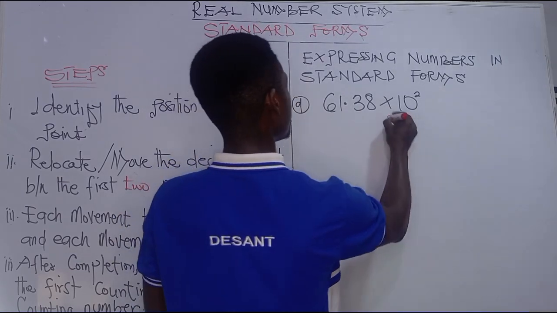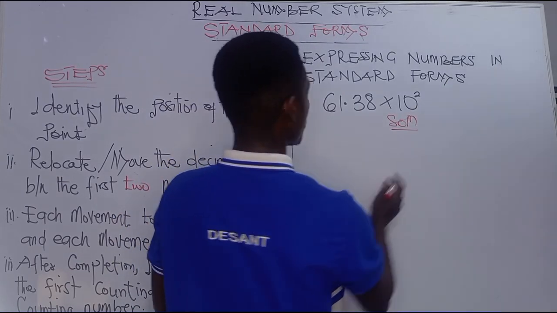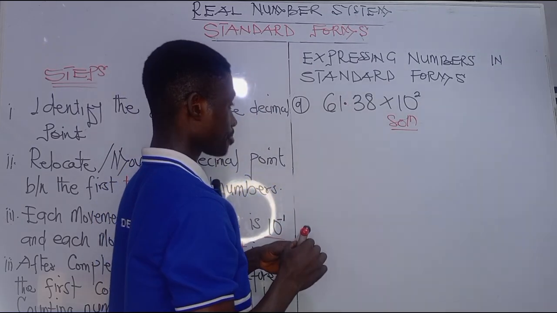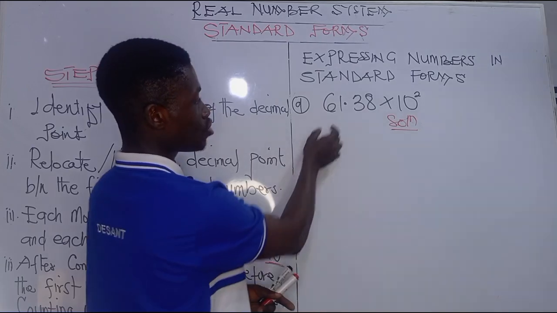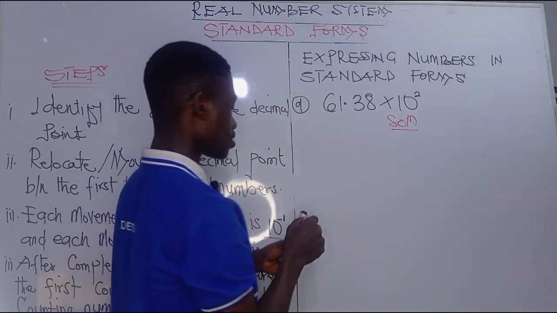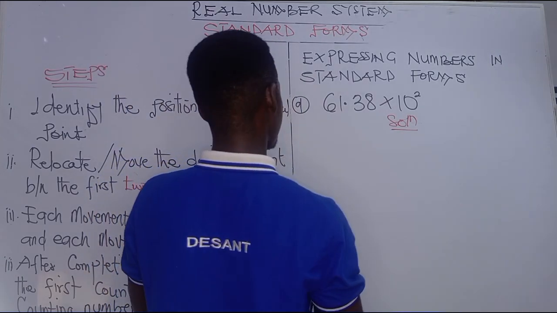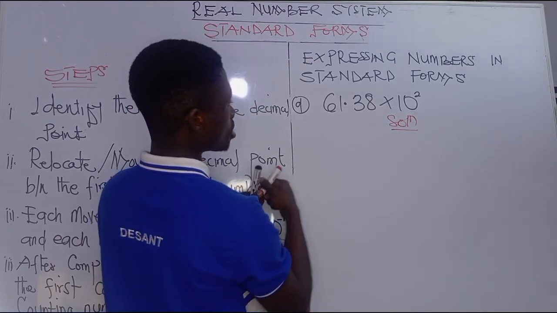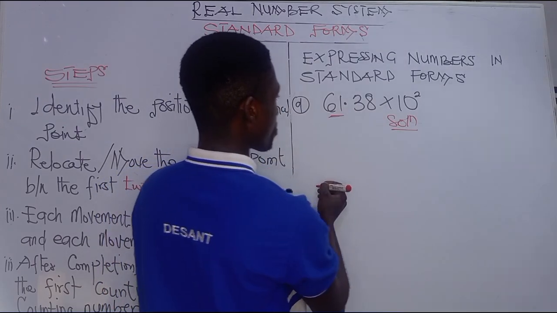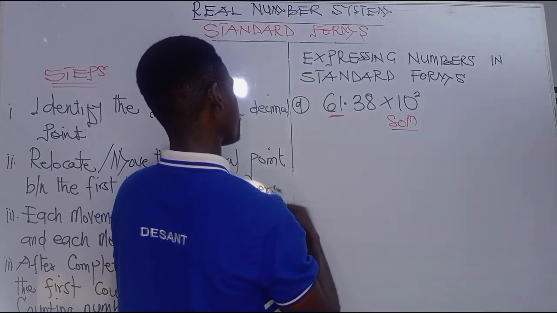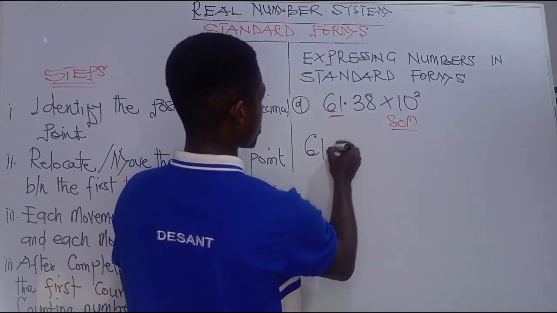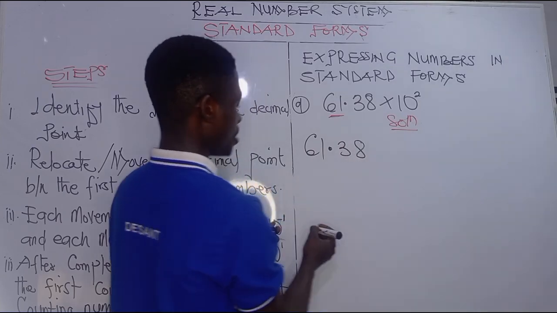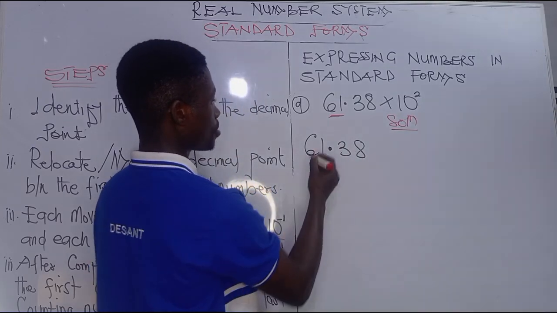So we have our solution. So we know that this is the position of the decimal point. We are going to move it so that it will be in between the first two natural numbers. So this is the first two natural numbers. So we are going to have 61.38. Then we move it to this very point.